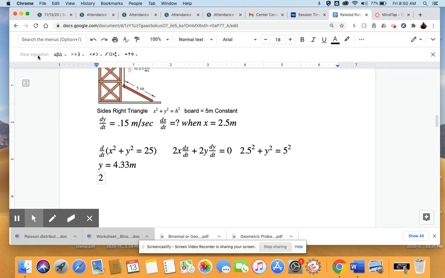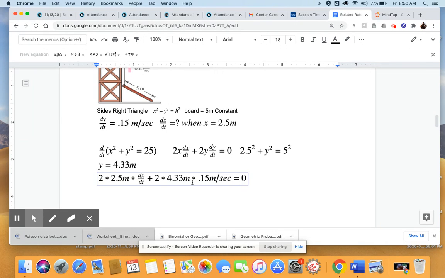You have 2 times 2.5 meters times dx/dt plus 2 times 4.33 meters times dy/dt, which is 0.15 meters per second. And that's equal to 0.